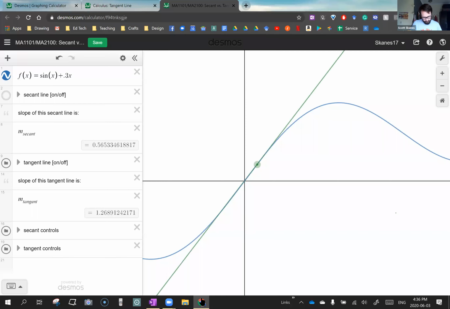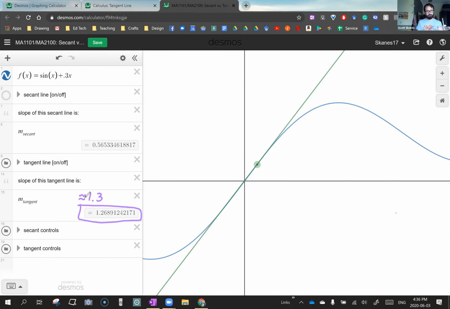Look at this. Can we all agree that I have a curve and I have a tangent line on the curve? And hopefully you can see that the slope is about, let's just say, 1.3. All right, my slope of this tangent line is 1.3. So far, so good.